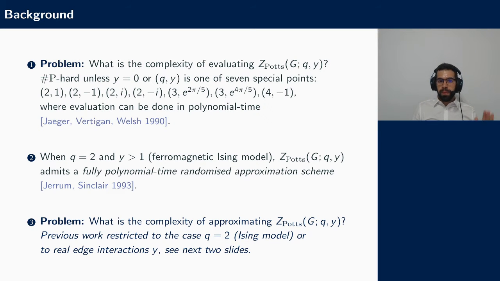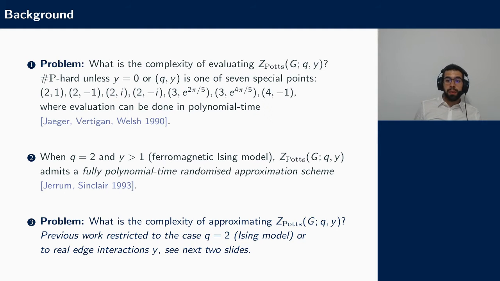So now the problem of evaluating this partition function at two fixed parameters has been studied, and it turns out that this problem is #P-hard, except when the edge interaction is 0, or the pair (q, y) is one of the 7 special points where evaluation can be performed in polynomial time.